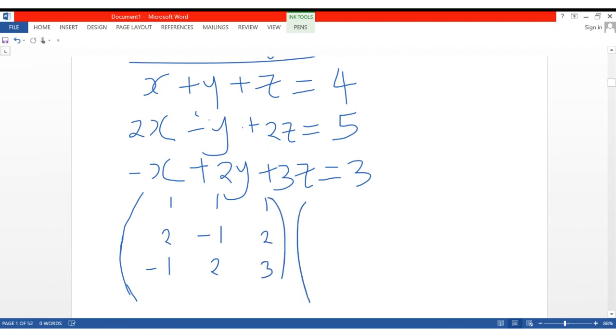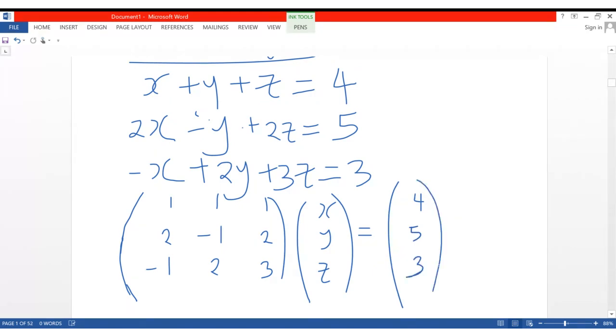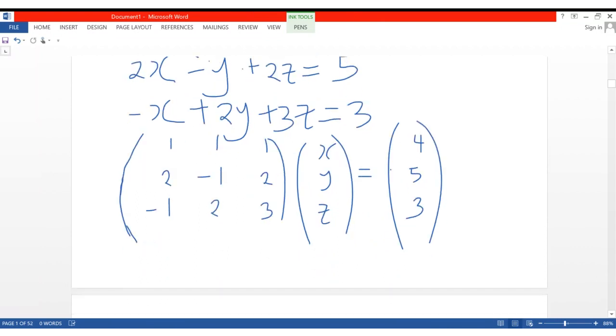Then I have 3 unknowns, x, y, and z. Then I have 4, 5, and 3.